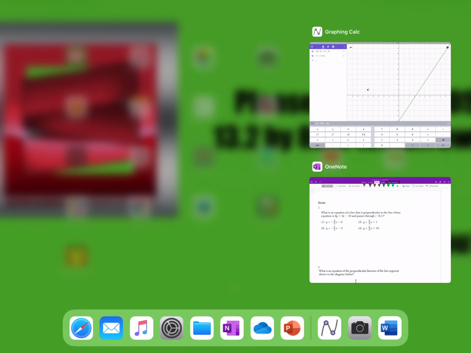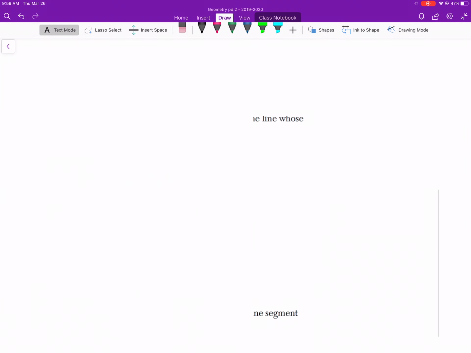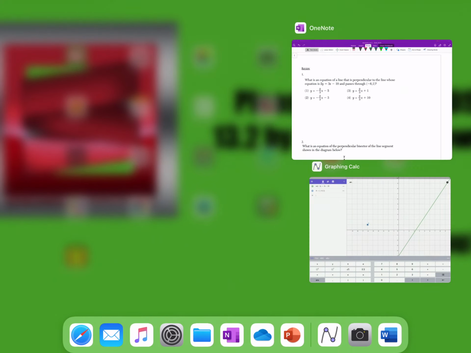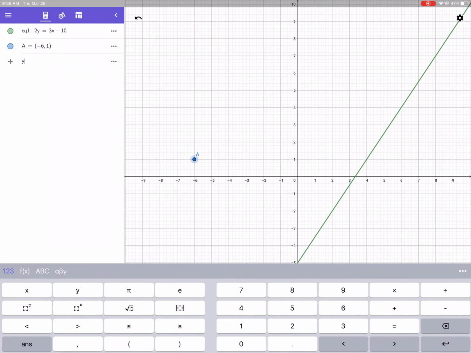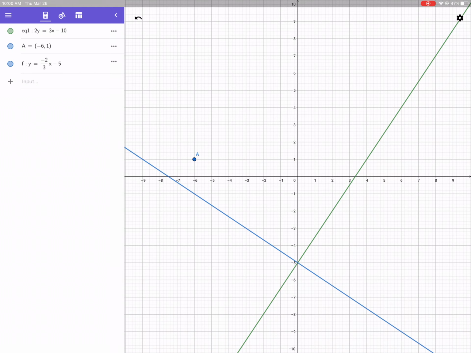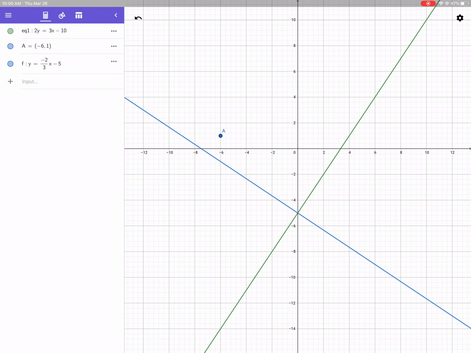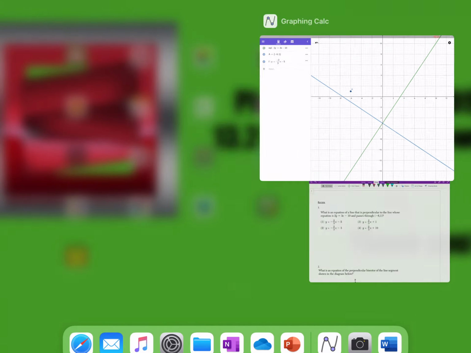So choice 1, you can see we have y is equal to negative 2/3 x minus 5. What we should notice here, guys, is perpendicular, but does not pass through that point that we need.